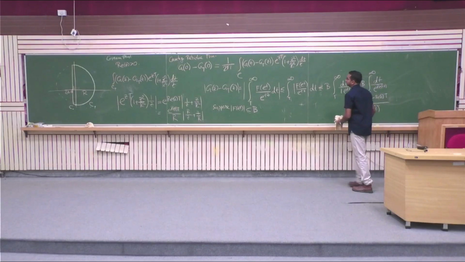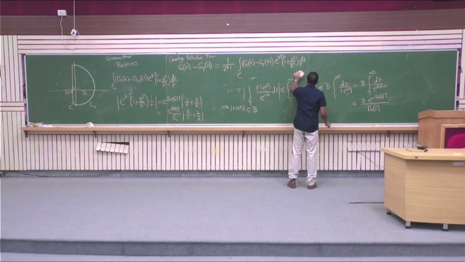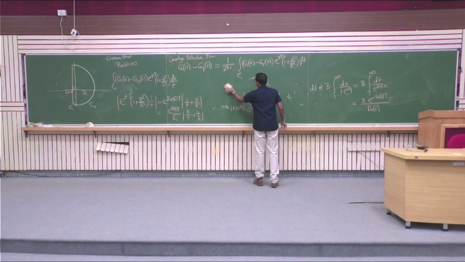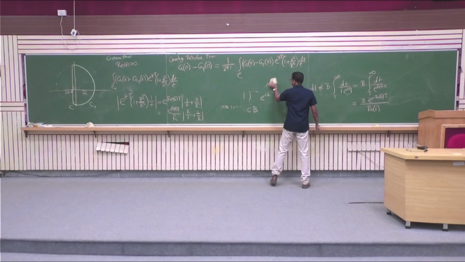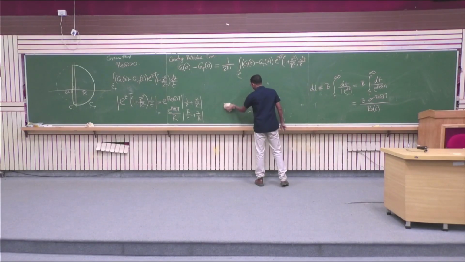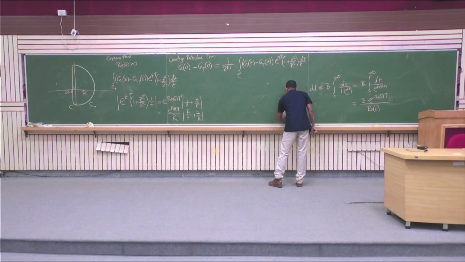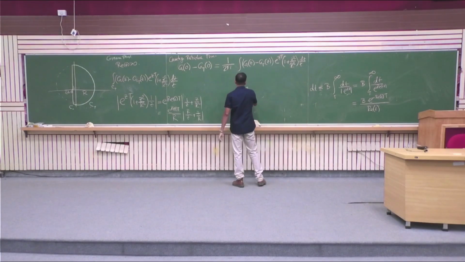I'll clear up some part and then we proceed. If your point z is on the circle of radius r, then what is z bar equal to?